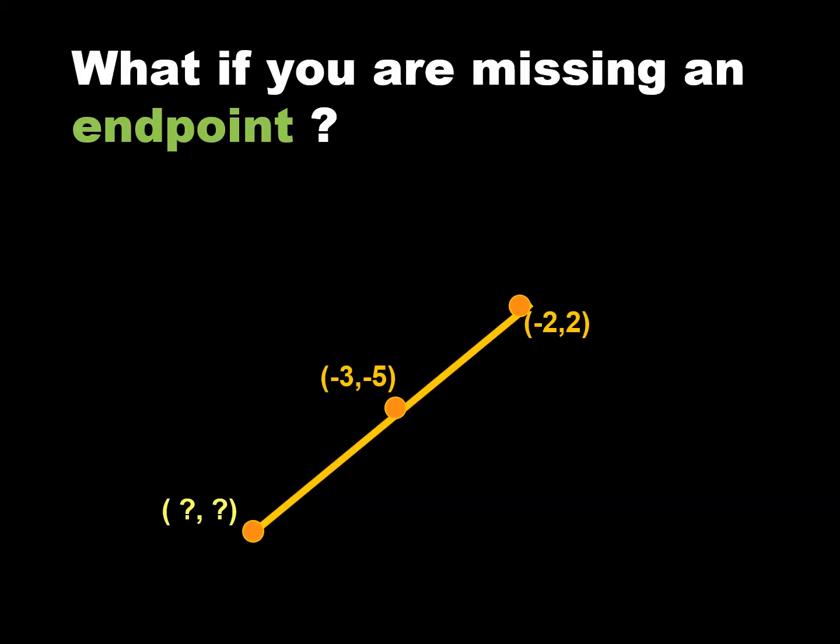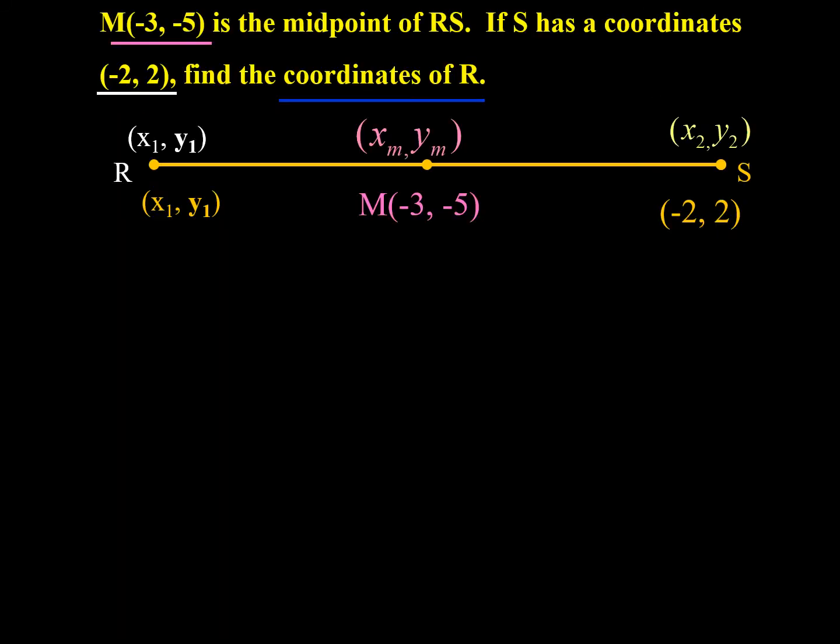All right. So what if you're missing an endpoint? So I'm giving you the midpoint. That's right there. And I've got one endpoint right here. This other endpoint, I don't know. Well, because I gave you a midpoint, it's a midpoint problem, so you're still going to set it up with that formula that you had before. Here are the points.